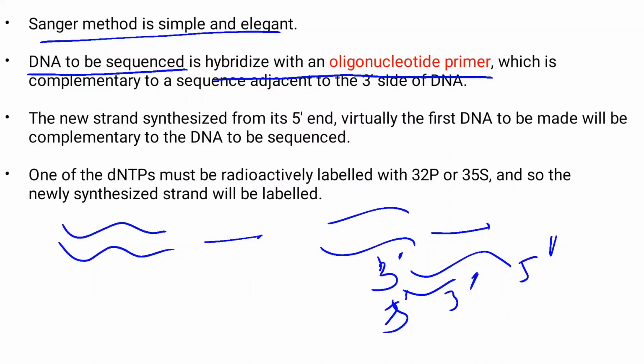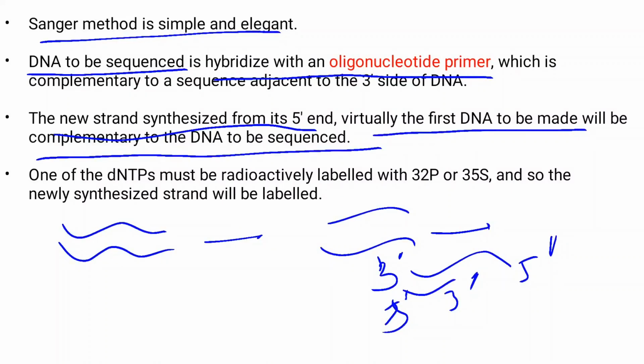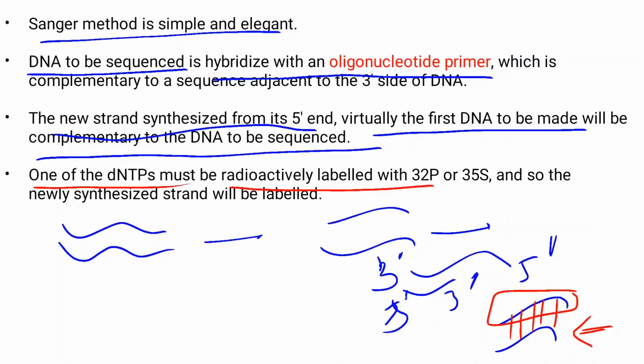The new strand is synthesized from its 5' end, and the sequence we get after the primer is complementary to the DNA to be sequenced, the DNA whose sequence we want to find out. One of the dNTPs must be radioactively labeled with 32P or 35S, so the newly synthesized strand would be labeled.